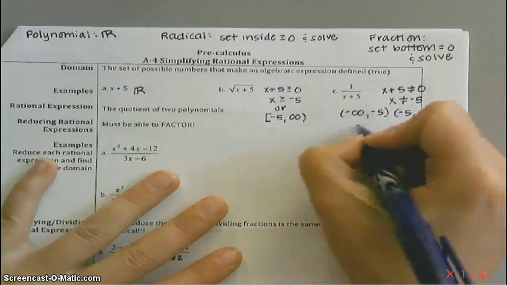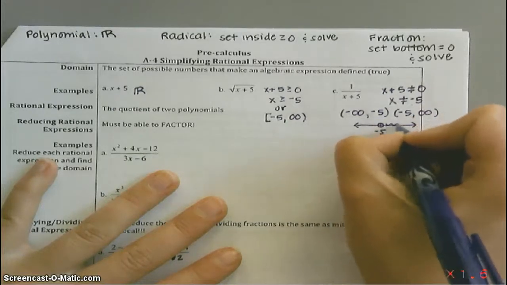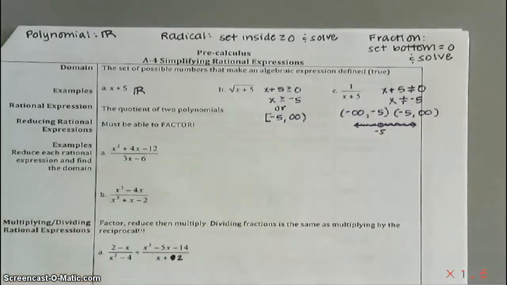On the number line, it would look like this, with an open dot at -5 and colored in everywhere else. So that's a little bit on domain. It brings in the interval notation that we went over in the first section.